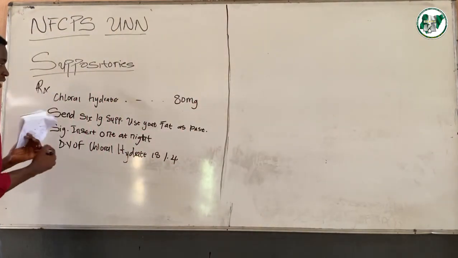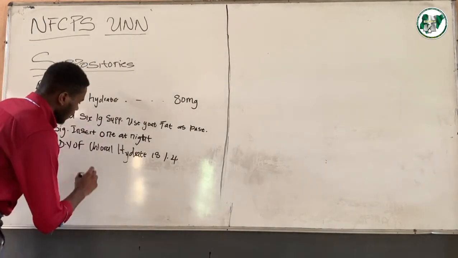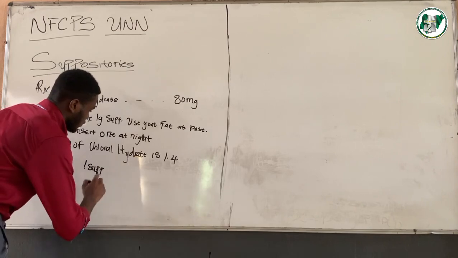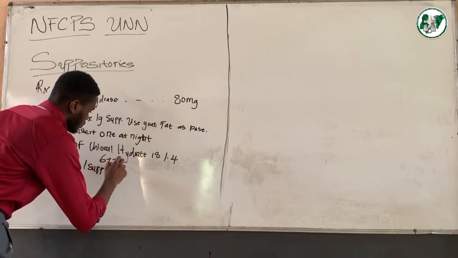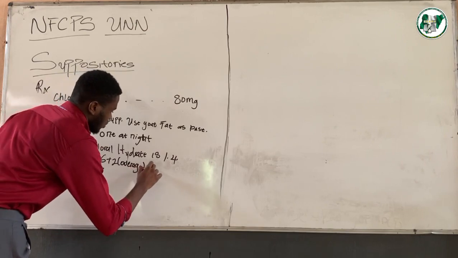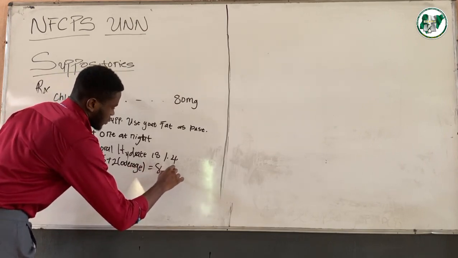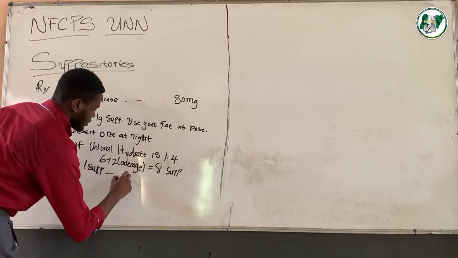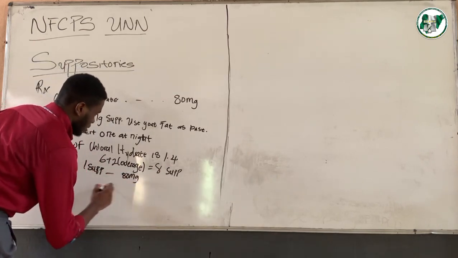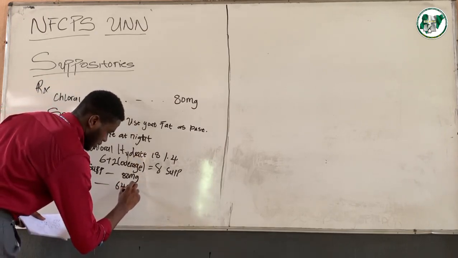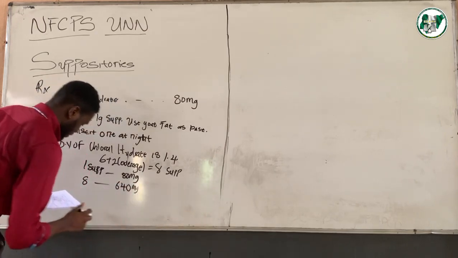So we'll start by saying, well, first of all, we are sending 6 plus 2, which is our overage, will give us 8 suppositories. So one suppository contains 80 milligram. 8 suppositories now contain 640 milligram.